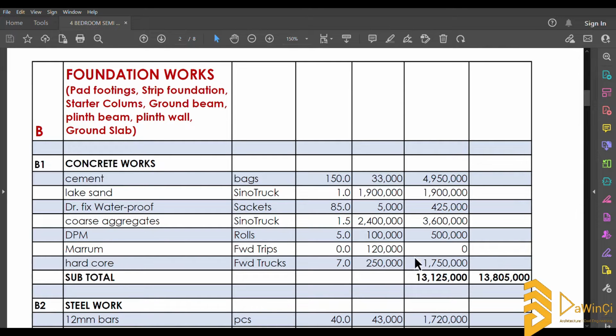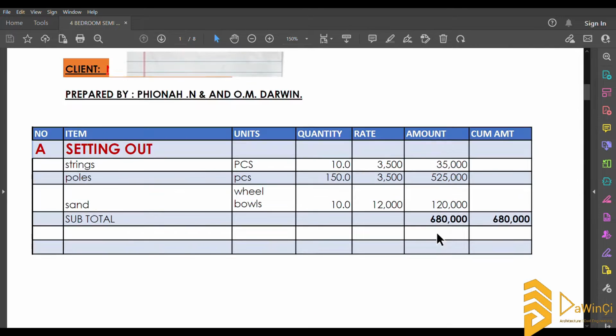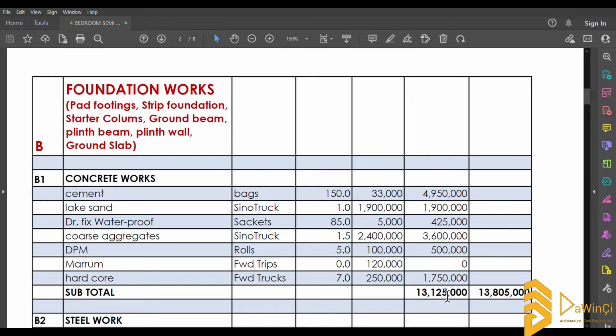That means I have summed up what we had used in setting up, and added the total of the concrete works, and that gives us about 13.8 million. So I hope that is clear. You can easily follow through as we are discussing all these. Anything else that you might need to understand, I'll be sharing with you along the way.